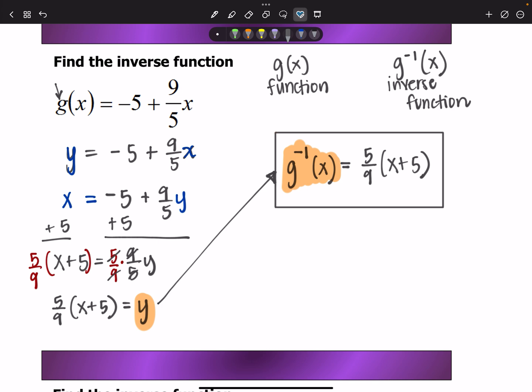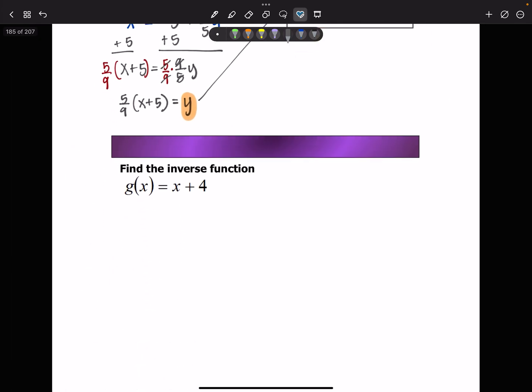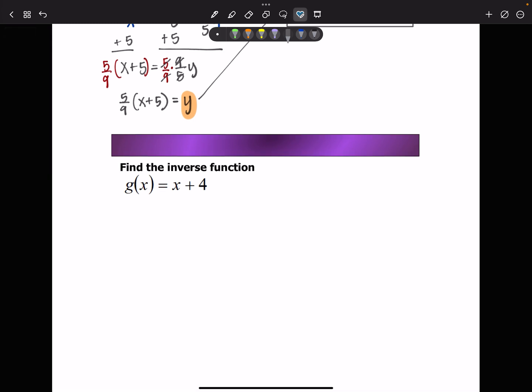We're going to do this a few times so that you get comfortable with it. Let's try another. We've got g of x equals x plus 4. My first step is to replace g of x with a y. So we'll have y equals x plus 4.